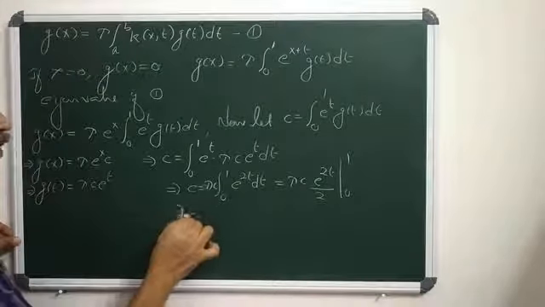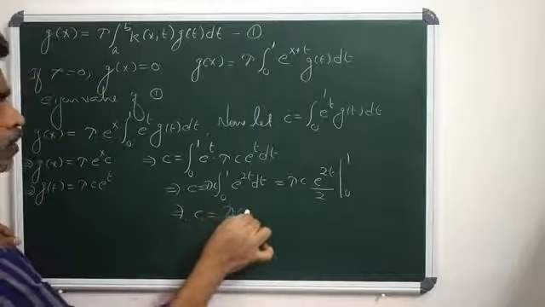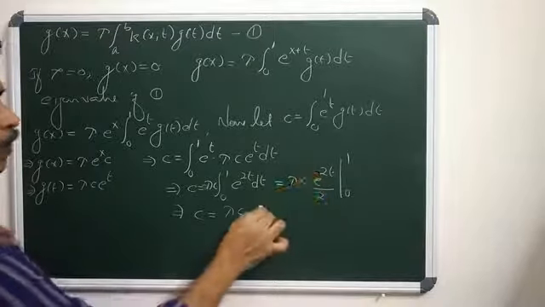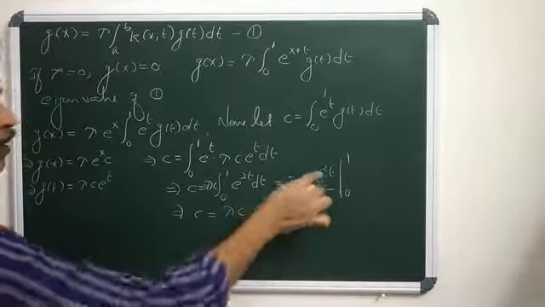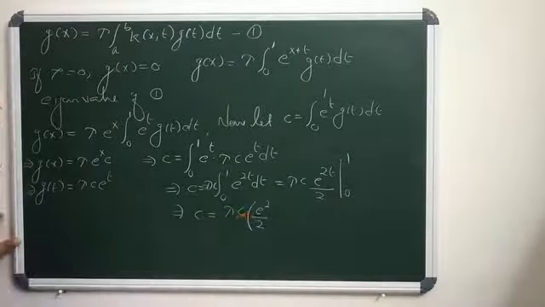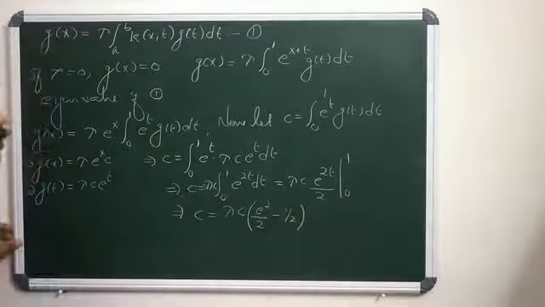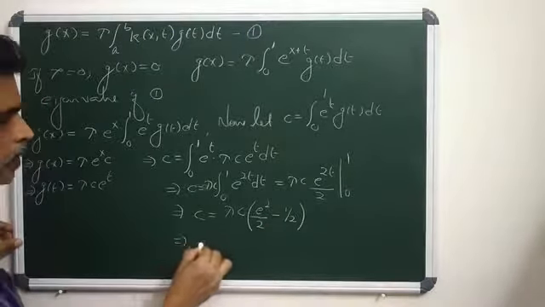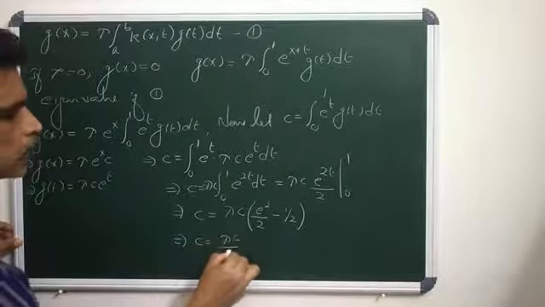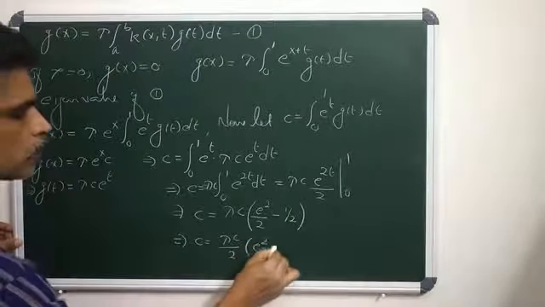So c = lambda c (e^2/2 - 1/2), that means c = (lambda c/2)(e^2 - 1).